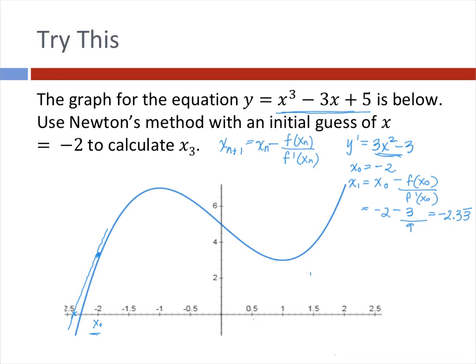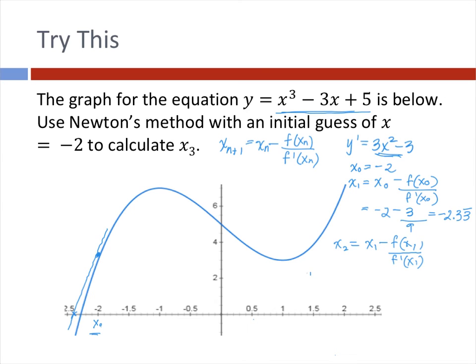Now we can find x2 from there. And so you can just go ahead and do x2, remember, is x1 minus f of x1 all over f prime of x1. And this is actually great. This is a great place if you can input an equation into your calculator and then plug in different x values, that's great. You can also use the Desmos calculator and plug in an equation and then plug in your different x values.